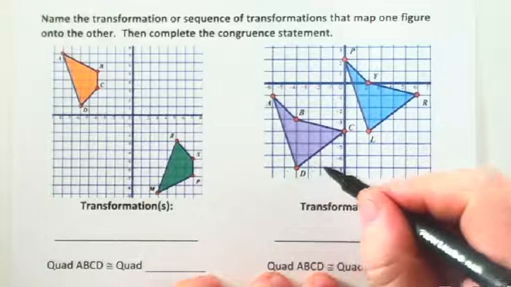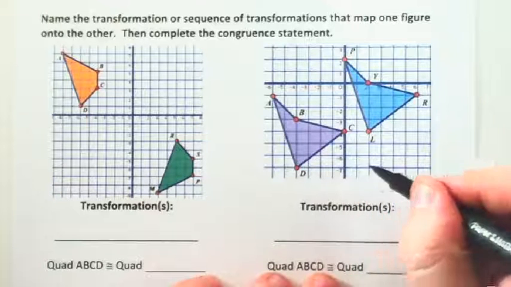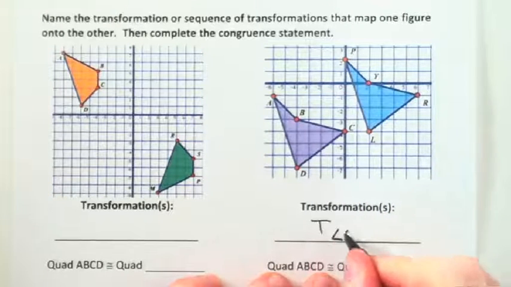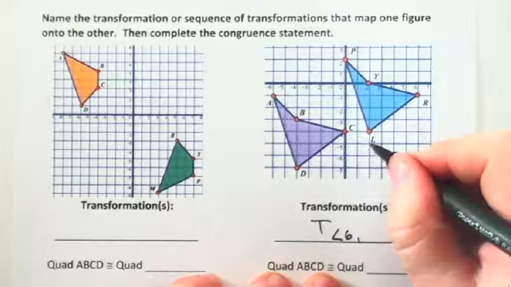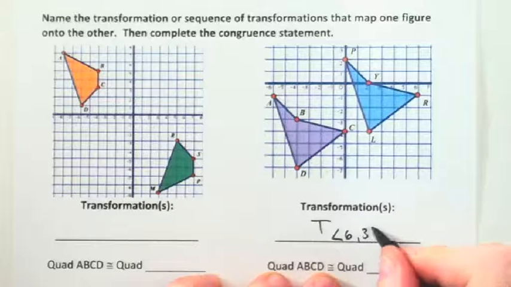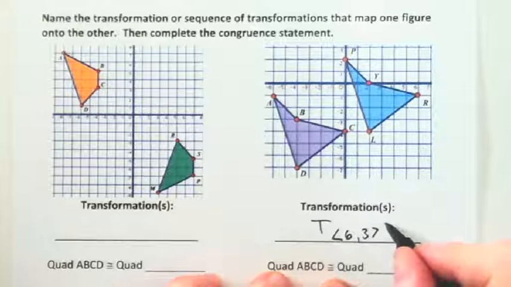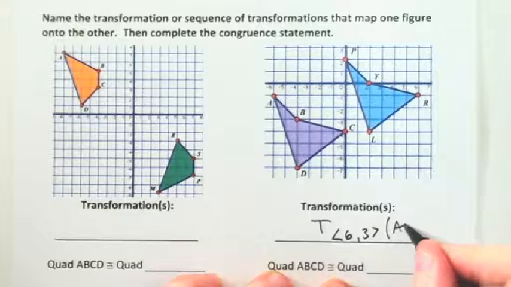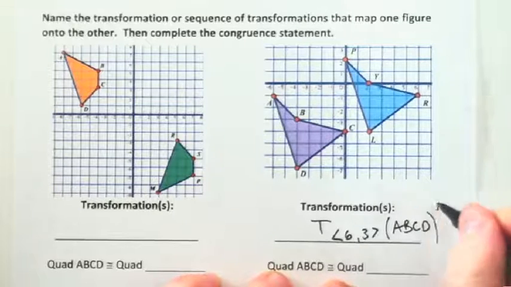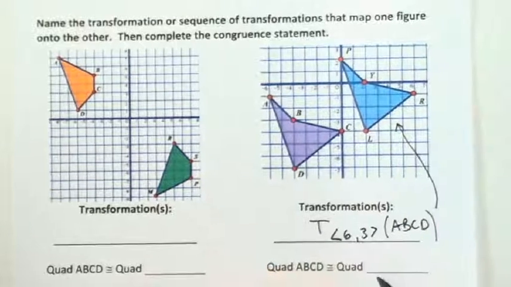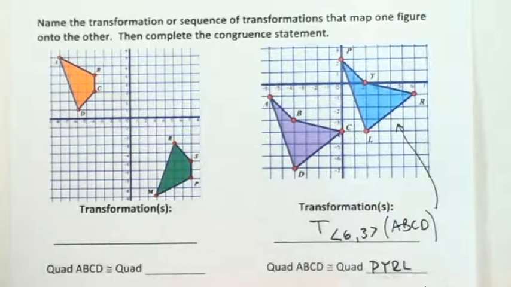So if I translate 6 right and 3 up, the shape A, B, C, D would land on this one. Onto, let's see, I called it A, B, C, D, so it would be P, Y, R, L.